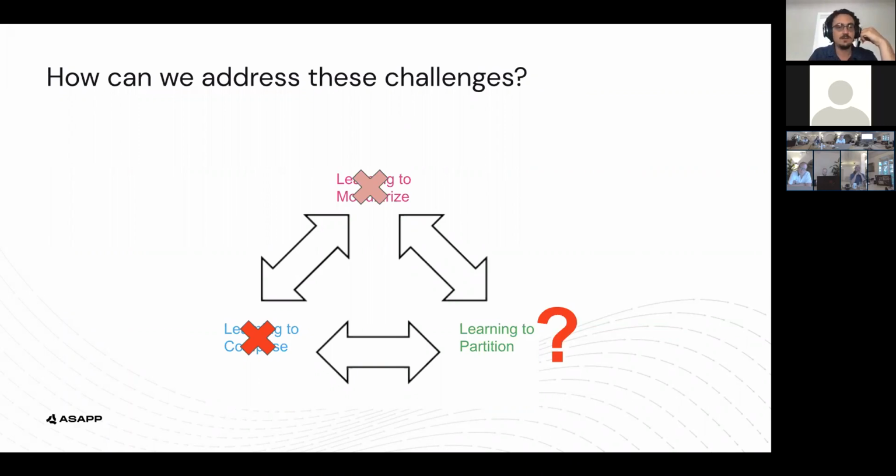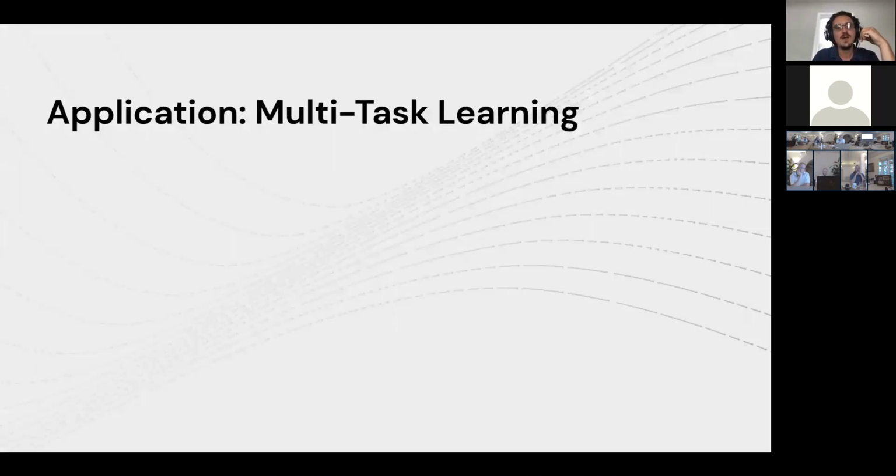So what remains is learning to partition. And I'm sure you already see where I'm going with this. When you think about learning to partition, we quickly realize that multitask learning comes with natural partitions. If you are in real, full-fledged multitask learning, you have task labels, and those task labels give you a partition. They tell you this is one task, this is another task.